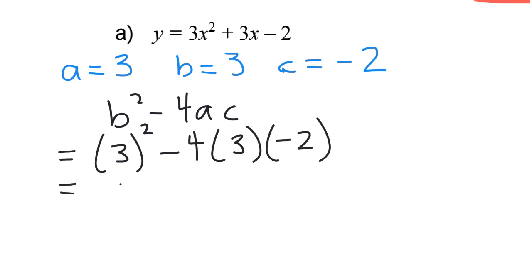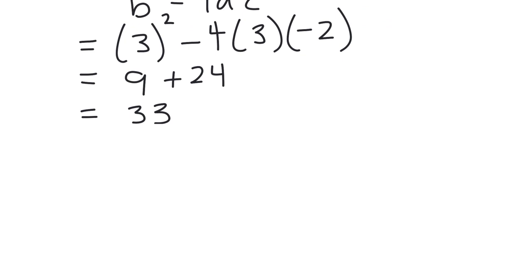So 3 squared is 9. Okay, -4 times 3 is -12. -12 times -2 is +24. 9 plus 24 is 33. So 33 is a number that is greater than 0. So that means that we are going to have two solutions for our parabola.